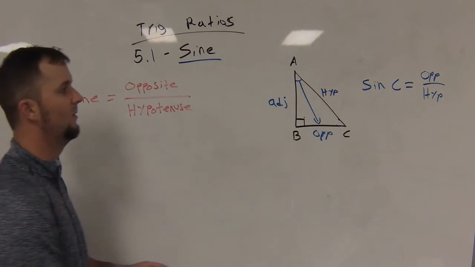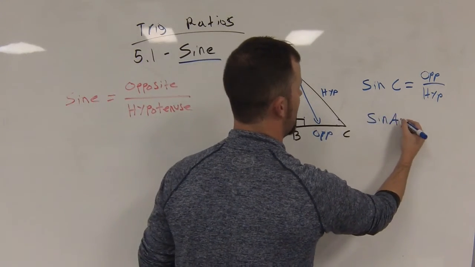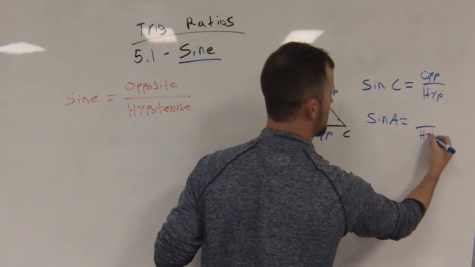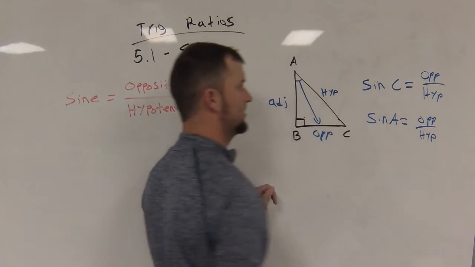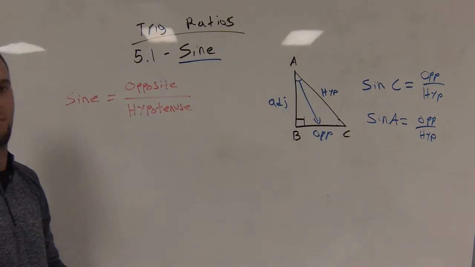I would then do the sine of A: I would take the hypotenuse and put it on the bottom, and take the opposite and put it on top. Then I would be able to solve that and figure out the actual mathematics behind this. Okay?